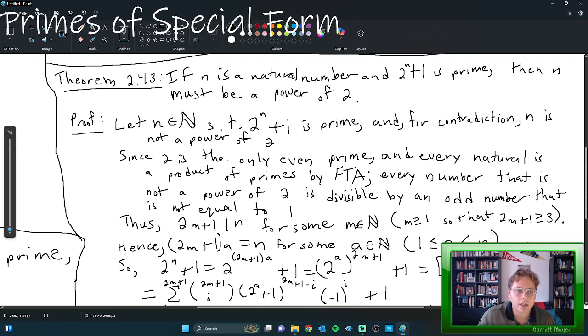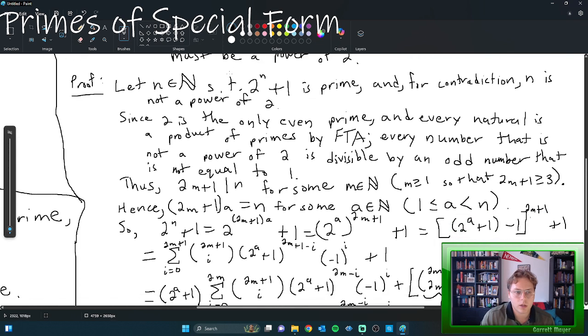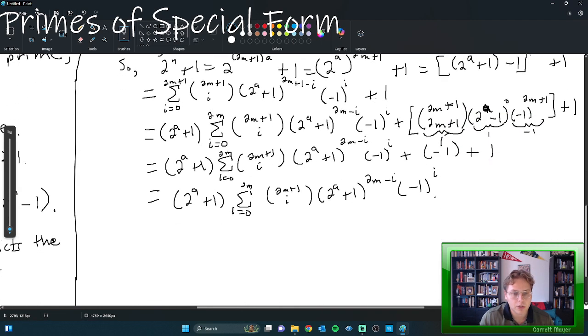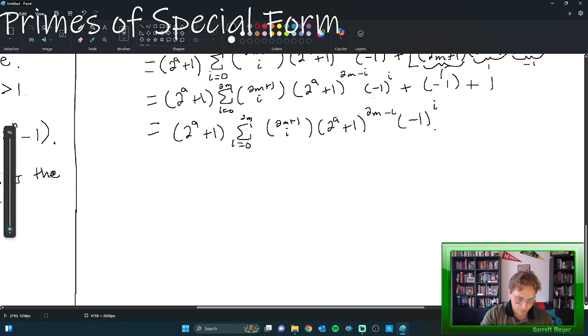And the only reason that it isn't is because we said that n is not a power of 2. Well, n not being a power of 2 leads to a contradiction here. It leads to the contradiction that 2 to the a plus 1 divides 2 to the n plus 1.